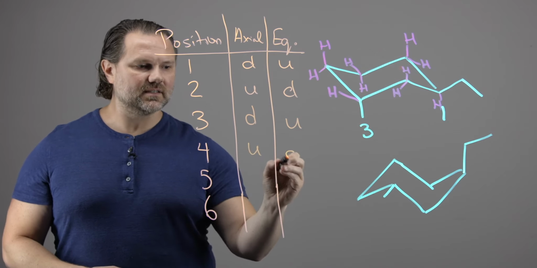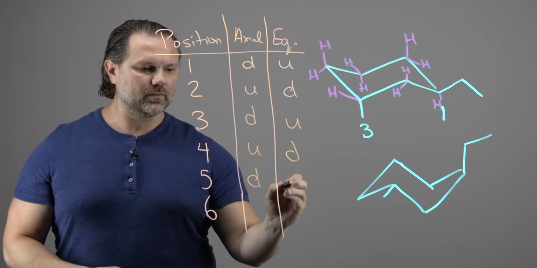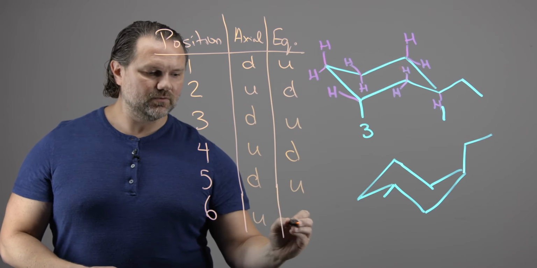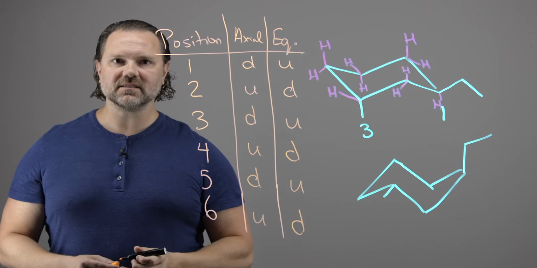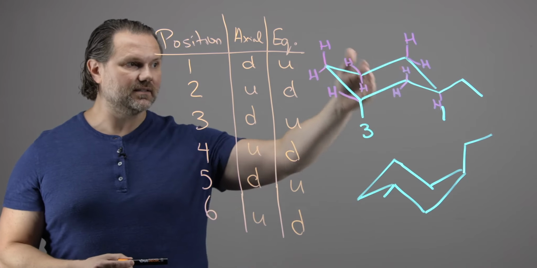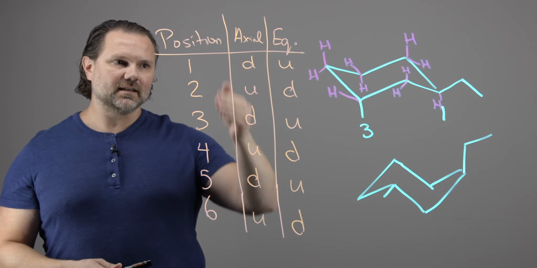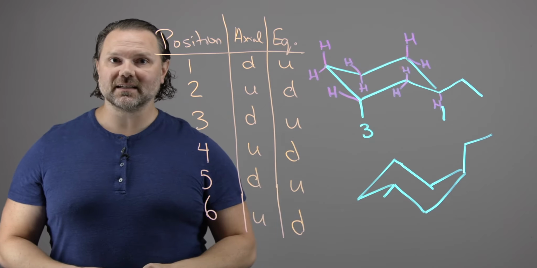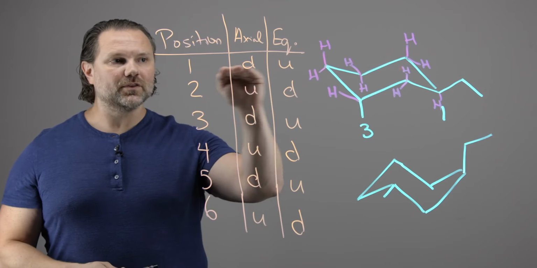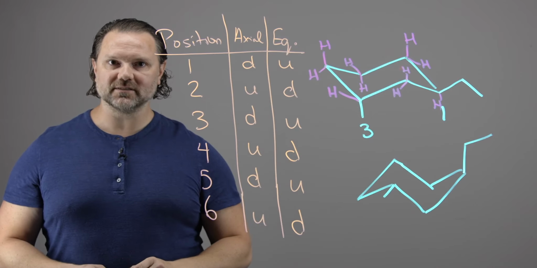And that pattern continues all the way around the ring. And you can use this to guide your decisions of where you anticipate a particular group to be, just recognizing that it might switch if you're looking at the other chair, what the first position will have is up and down.